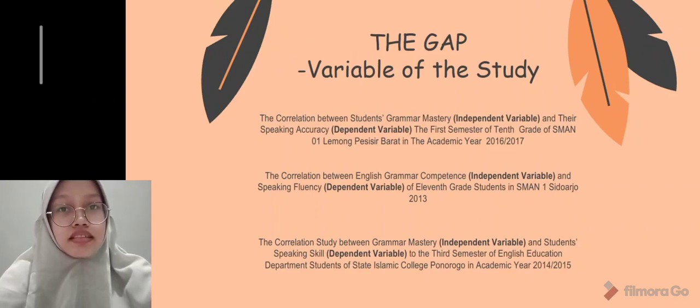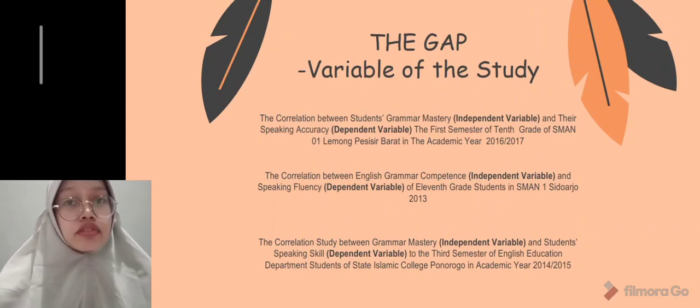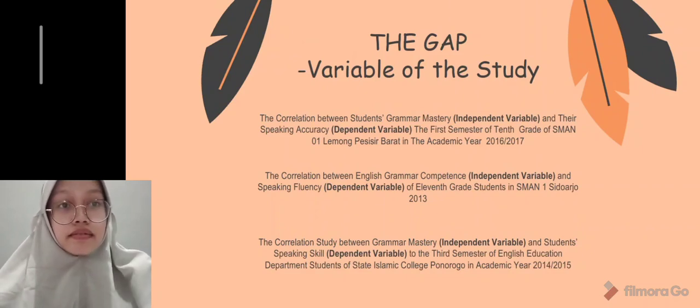The third is the correlation study between grammar mastery and student speaking skill of the third semester of English Education Department students of State Islamic College Ponorogo in academic year 2014-2015. The independent variable is grammar mastery, and the dependent variable is students' speaking skill.